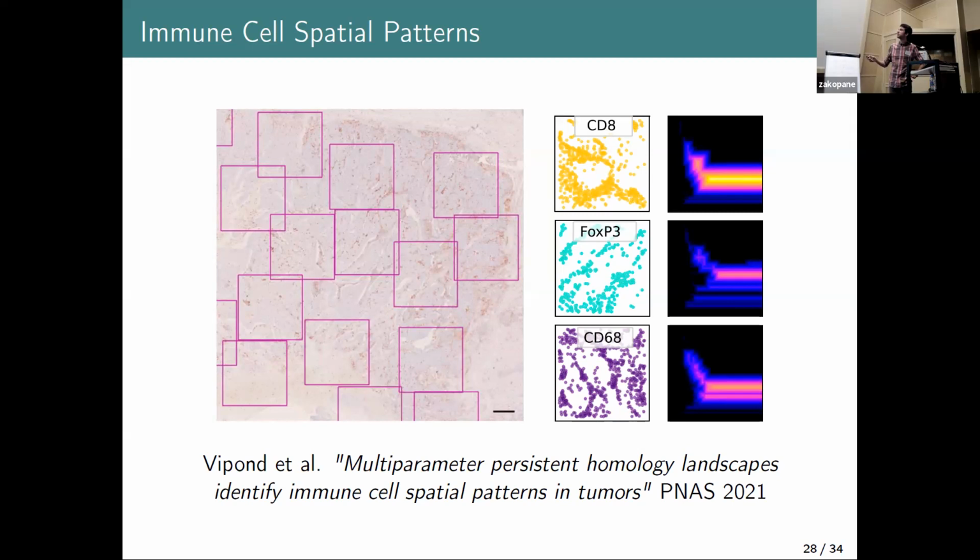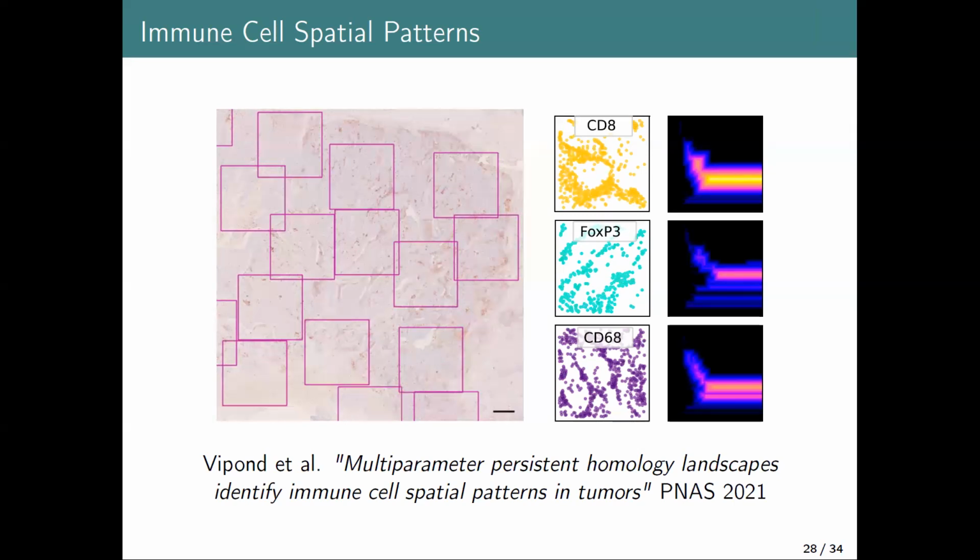The idea here is you have histological slices of tumors. This is just a photograph of some tissue. You take different regions over here, and you're interested to see how different immune cells, don't ask me what this means, I know that there are different types of immune cells.